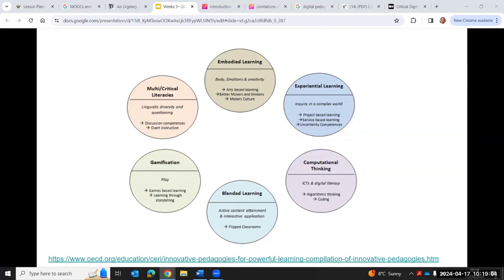Multiliteracies, what kind of multiliteracies would you need? We talk about language and language diversity, especially those contexts where we have students from different backgrounds and they have different linguistic resources. Are you going to be approaching your online learning more like gamification? Is playing games important in your course unit?